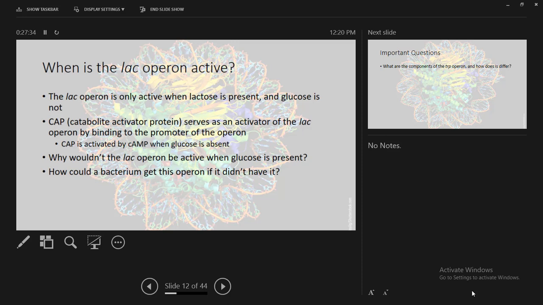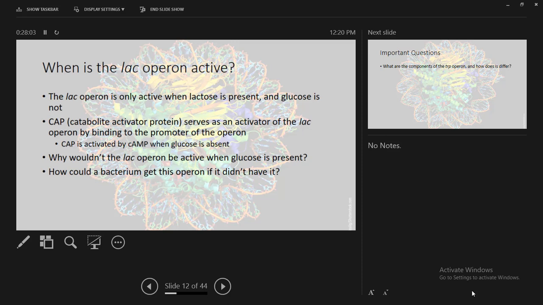All right. So the lac operon's only active when lactose is present and glucose is in low numbers, or is it not present at all? And again, we've got this CAP protein activated by cyclic AMP when glucose is absent that really allows RNA polymerase to transcribe enough of this operon that you can reasonably metabolize lactose.